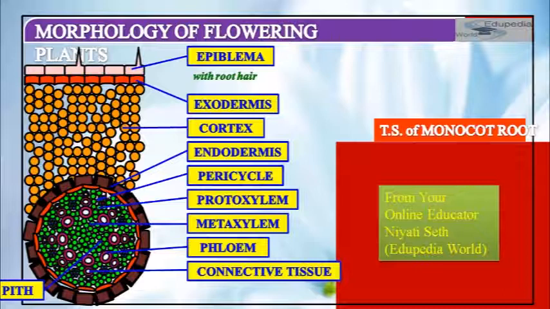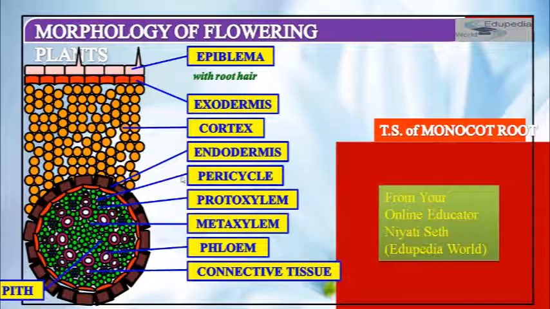And what is a stele? Stele is a central cylinder of the root consisting of pericycle, which is this red one, then conjunctive tissue, which is the green one, pith, which is the central portion, and the vascular bundle, which is known as xylem and phloem. So this all constitutes and forms stele.